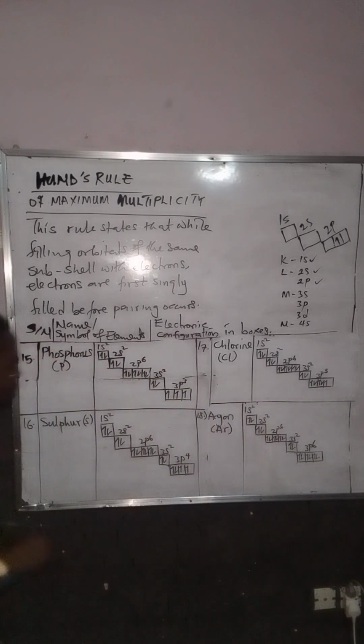So the next one is number 19. Can you start it before I write on the board? Number 19 is potassium.